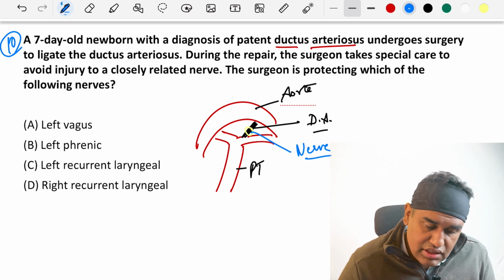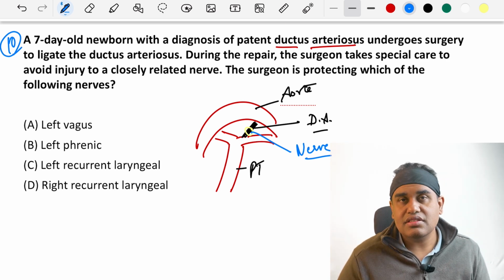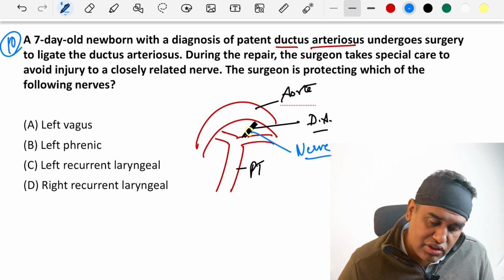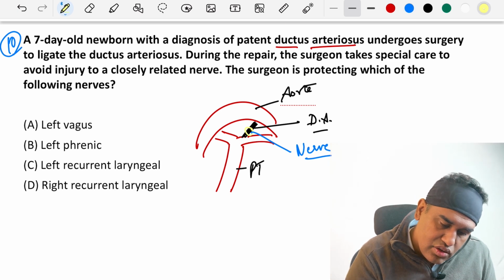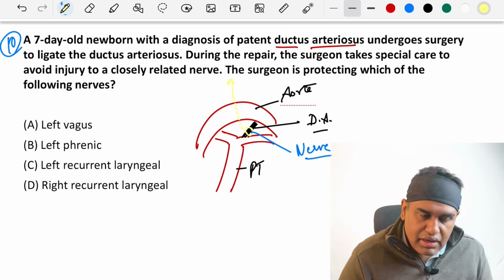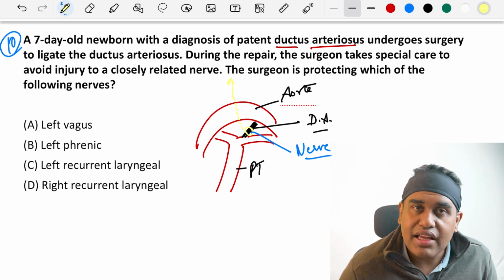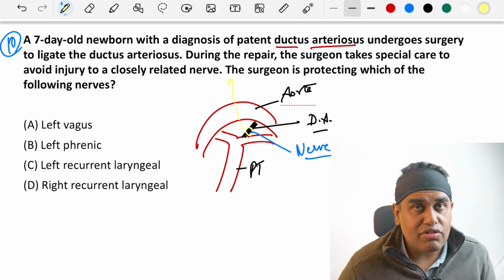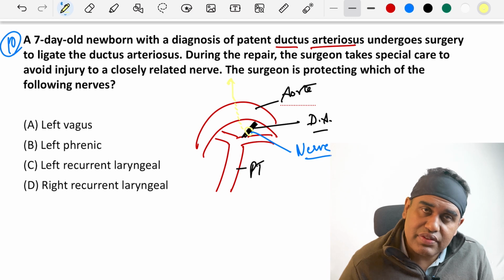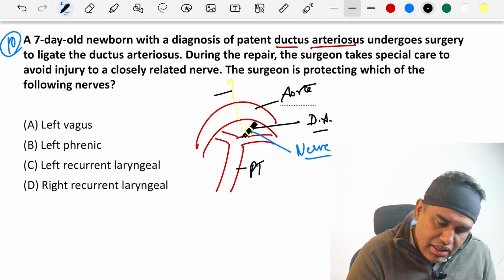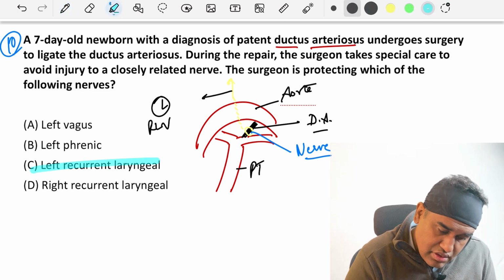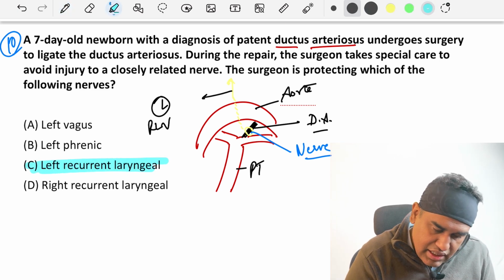That nerve is a branch of the left vagus that goes around the ductus arteriosus, then goes behind the aorta, and then goes above, supplying the muscles of the larynx and the sensory supply to the lower half of the larynx. Which nerve is that, on the left side? That branch of the left vagus is the left-sided recurrent laryngeal nerve. This is the nerve which the surgeon has to take care of.